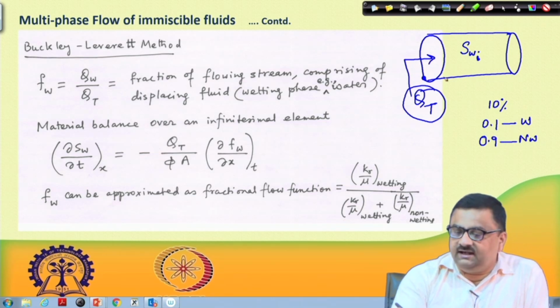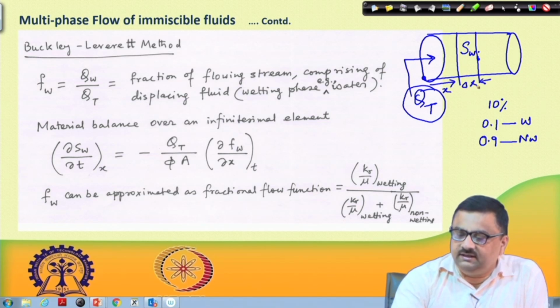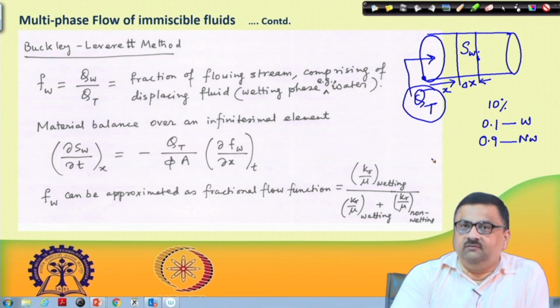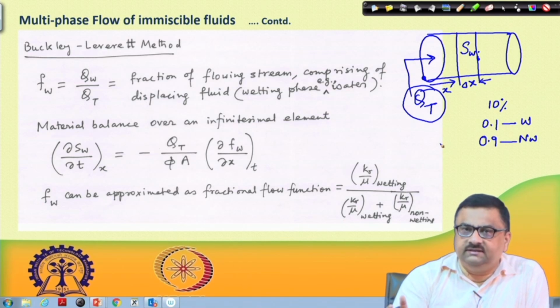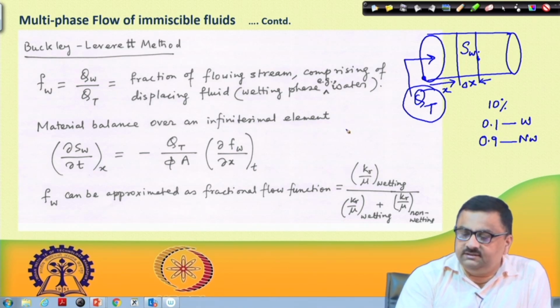We said that if we pick up a differential length delta x at a distance x from the inlet, we can draw a volumetric balance, because all densities are incompressible, wetting and non-wetting phase. So density is constant.